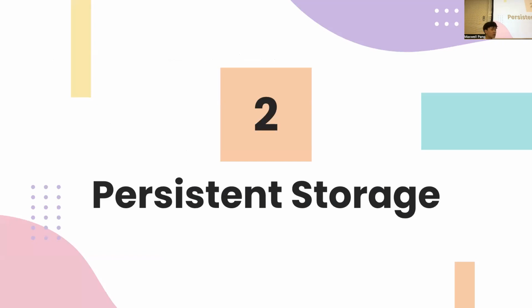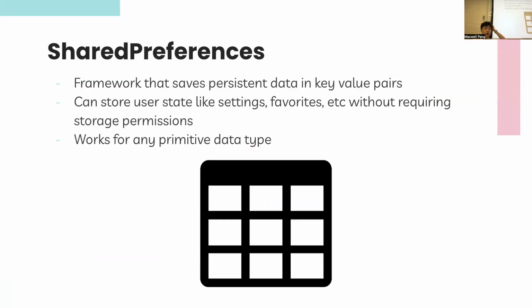Okay, so now let's talk about persistent storage. We're going to be using persistent storage with something called SharedPreferences. It's a library framework that saves persistent data in key value pairs, kind of like bundles or extras in an intent. It can store user state like settings, favorites, etc., without requiring storage permissions, and it works for any primitive data type.